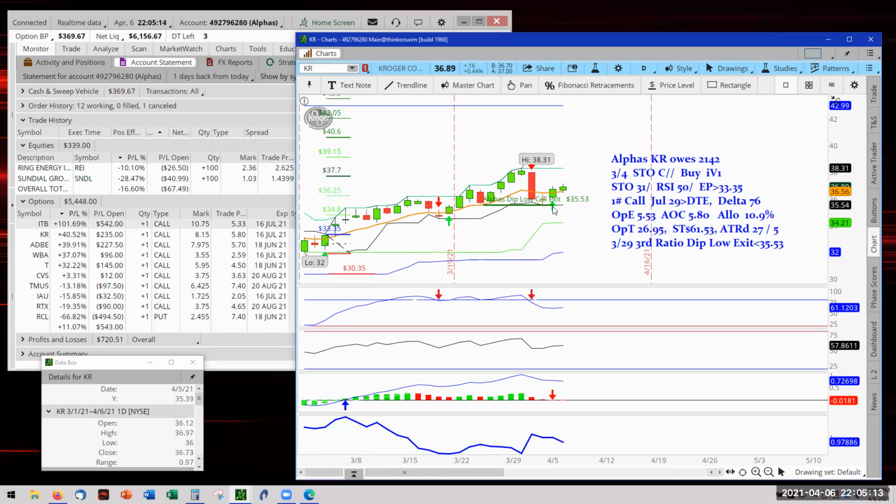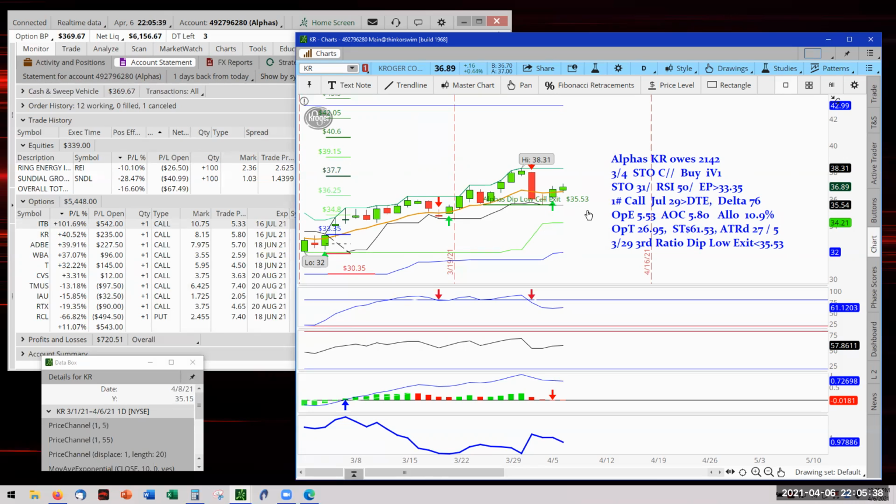Now, we did not move it. Why? Because this dip low comes in at 35.54, and a 10 cent buffer takes it down to 35.44, and we're at 35.53 because this low was 35.63 minus 10 cents on the buffer, making it 35.53.